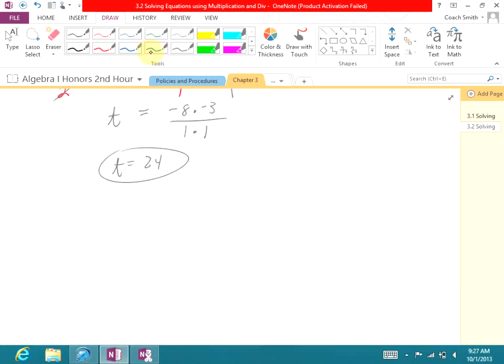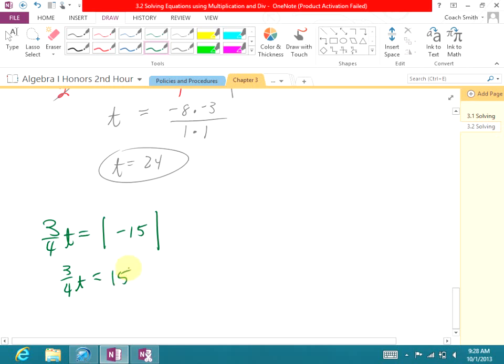Now, they try to throw you off, and they throw a problem in like this. Three-fourths t is equal to the absolute value of negative 15. Okay? You just have to simplify first. Okay? So that's 3/4 t equal, what is the absolute value of negative 15? 15. So it's that right there.